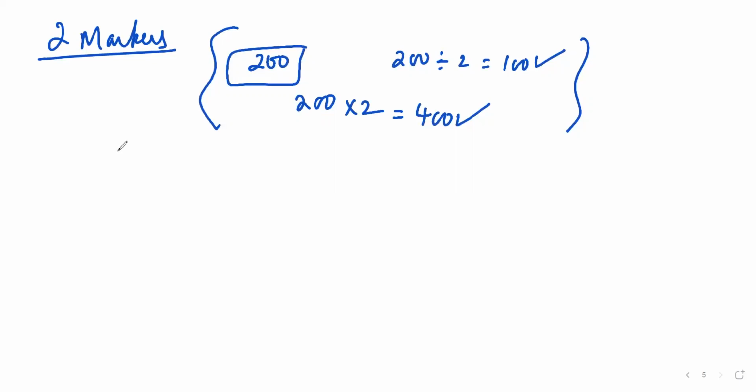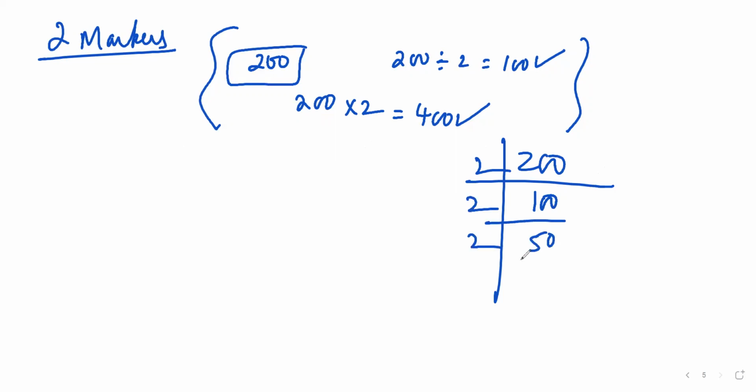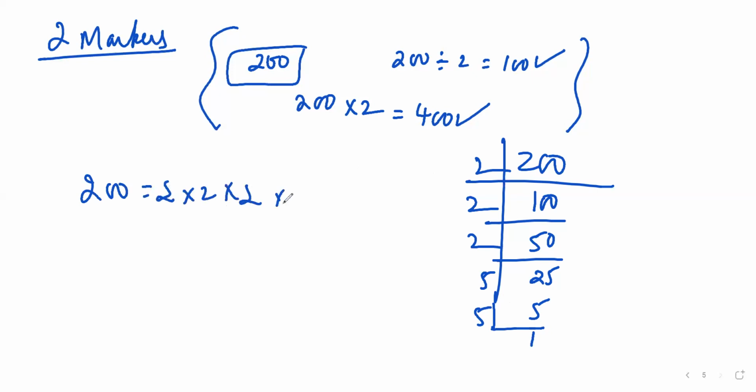See, what is the logic here actually? Going back, if you look at 200, 2 into 100, 2 into 50, 2 into 25, 5 into 5, 5 into 1. So 200 as such will be 2 into 2 into 2 into 5 into 5. When you form pairs, I told you, one 2 is left out.